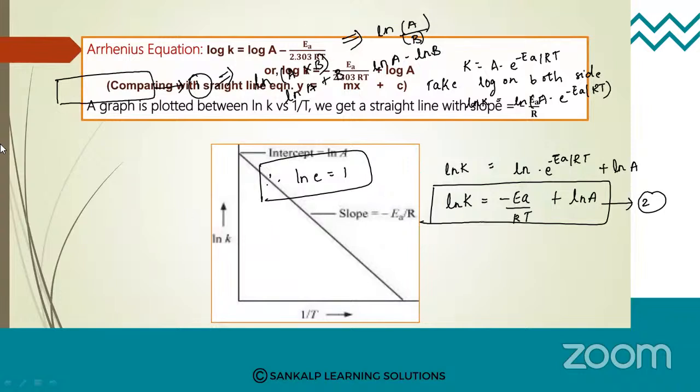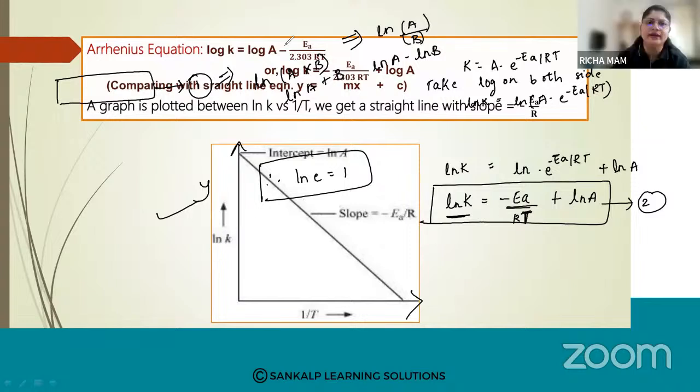If we see this particular graph of ln k versus 1 by T, where we have taken ln k on the y-axis and 1 by T on the x-axis, then we get a straight line in the graph of ln k versus 1 by T.